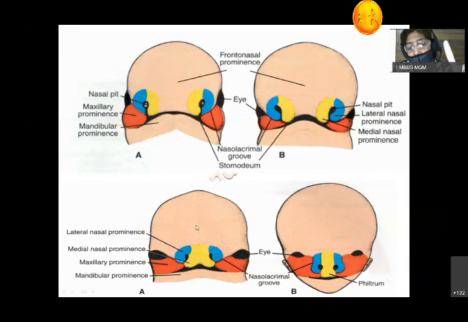Narrowing of the frontonasal process, eyes shift. And how is the external nose formed? By the fusion of the lateral nasal process and medial nasal process with each other, and this separates the nasal cavity from the stomatodeum. How do the nares come close together? They come close together because of the growth of the maxilla.